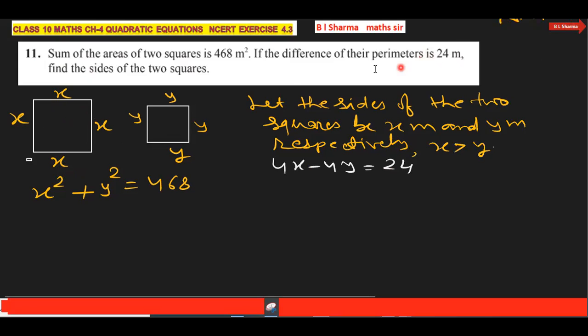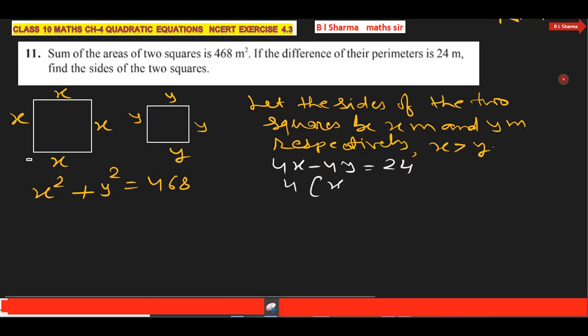ये दे रखा है. If the difference of their perimeter is 24 meter, perimeter of this square is x plus x plus x plus x. Perimeter means sum of all four sides. And perimeter of this smaller square is y plus y plus y plus y, 4y.